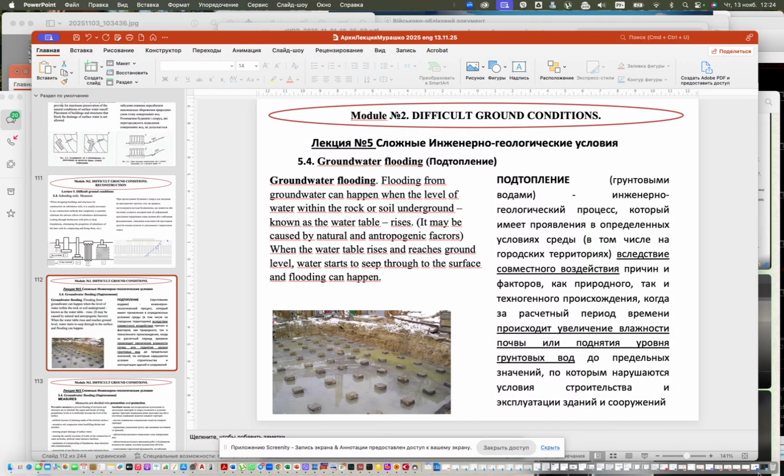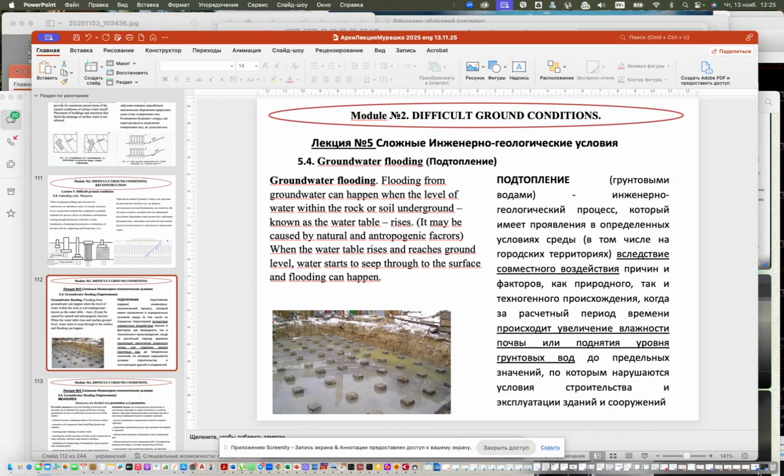So the next difficult ground condition which we will analyze today is groundwater flooding. The previous problem which we have considered is connected with the specific properties of soils which settle down with the presence of water, but not all soils are subsiding soils.